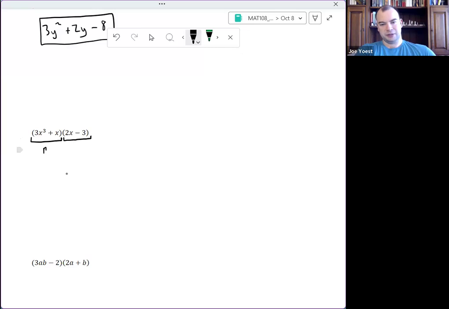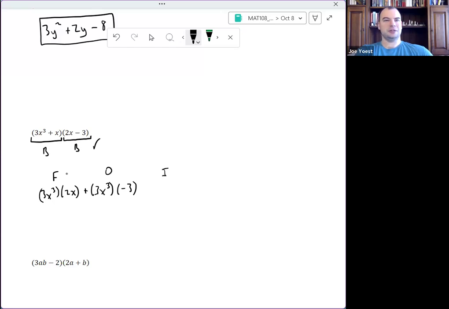So because it's binomial times binomial, I can use the FOIL method, or I could distribute. I could go either direction. I use the FOIL method. My firsts are 3x cubed times 2x. My outers are 3x cubed times negative 3. I'm going to choose to think of this 2x minus 3 as 2x plus a negative 3.